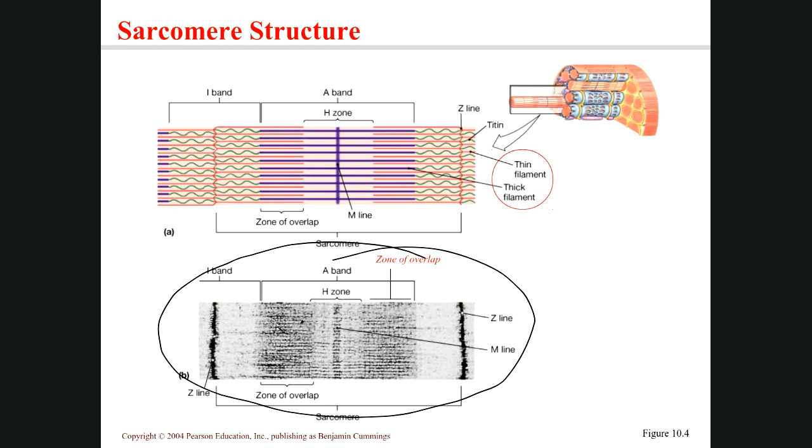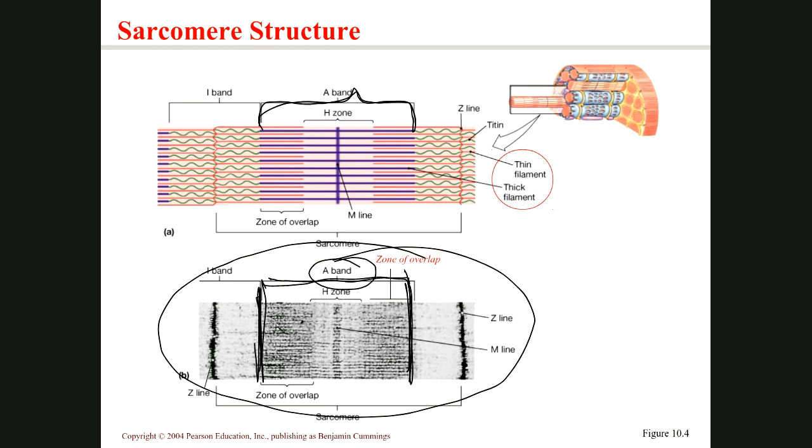They named the beginning of this dark line to the other side of the dark line, so the beginning of the thick filament all the way to the end of the thick filament, the A band. Because they were able to see these areas that absorb light, that's what A stood for.